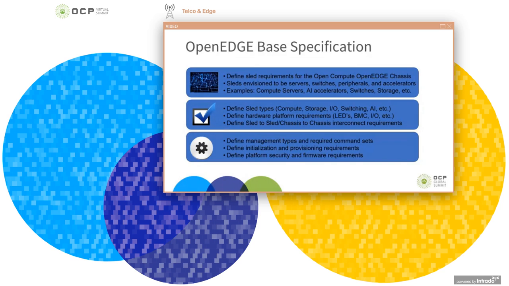In addition to that, we're also looking at defining the new sled types and how these things communicate together. So you may be better served by having different communication types other than Ethernet that allow sled-to-sled communications. And we'll talk a little bit more about that in a moment.